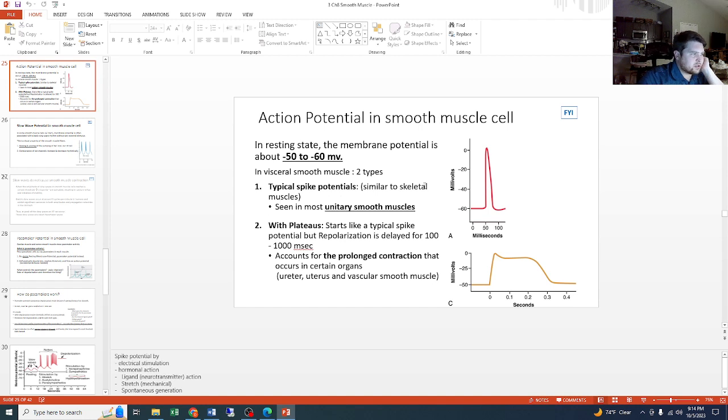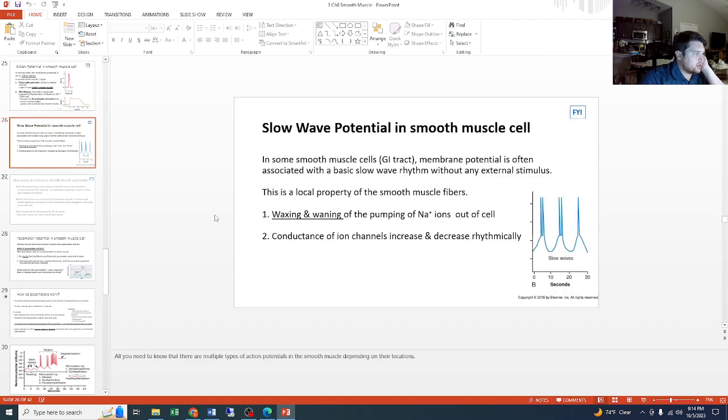The spike potential is similar to skeletal muscle, and that's seen in the unitary smooth muscles, where you get the signal, it spikes up and comes back down. With the plateau, this starts like the spike, but repolarization gets delayed. This is helping with the prolonged contraction that we want to occur in the different organs.